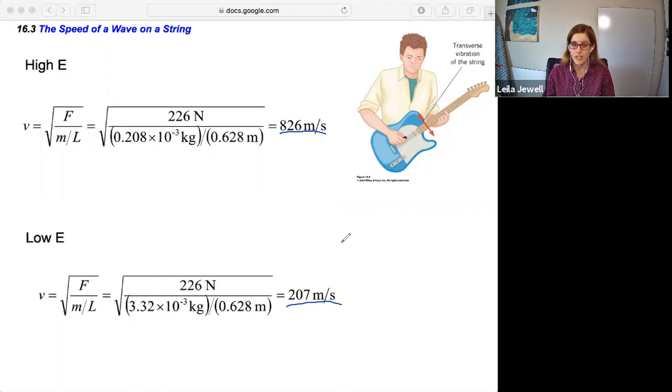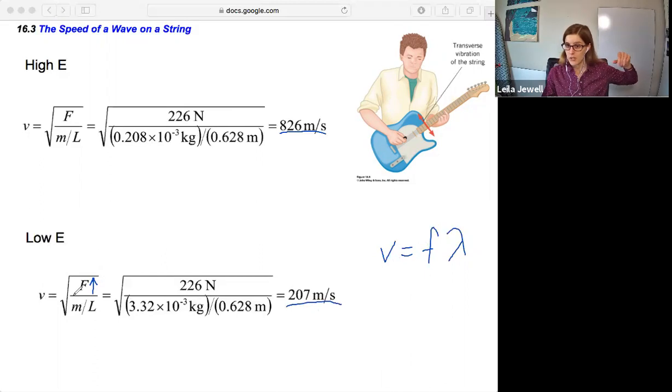And as a side note for the musicians out there, since we know the speed of the wave is proportional to the frequency times the wavelength, and the wavelength is set by the length of the string, this is also how we can adjust the tuning of our guitar, right? If you twist the knob, you can increase the tension in the string.